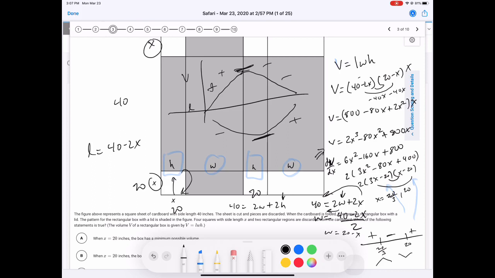So there's no way that our x could be 20, right? If x was 20, remember our width? That was the equation for our width. 20 minus 20 is 0, so our width would be 0. That would make no sense. So our only real answer here is 20 over 3.